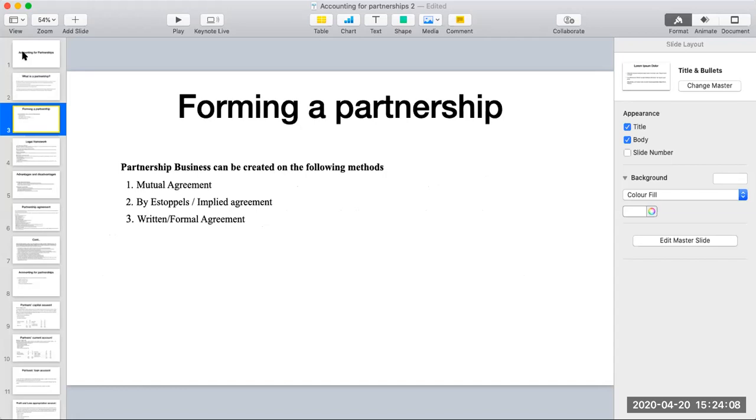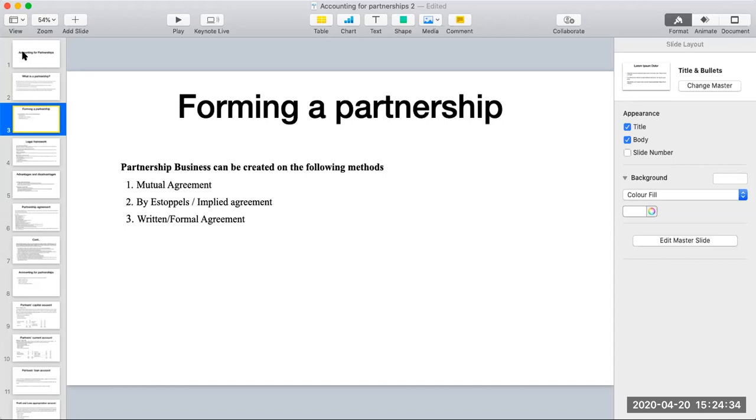Right, now we'll see how a partnership is formed. A partnership can be formed by mutual agreement, which can be an oral agreement or it can be implied. That means it's not expressly stated that this is a partnership, but it is implied that there is a partnership business.